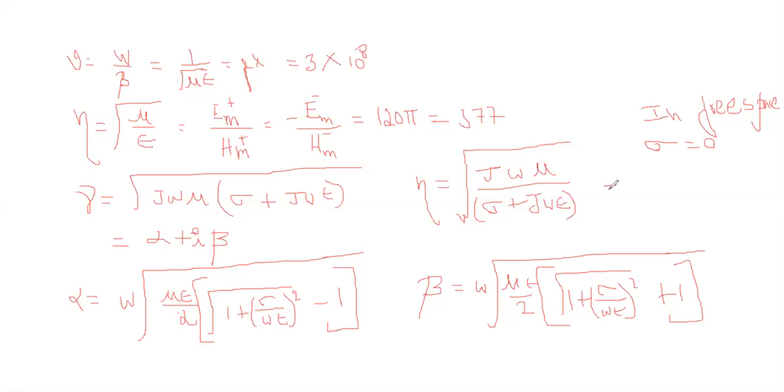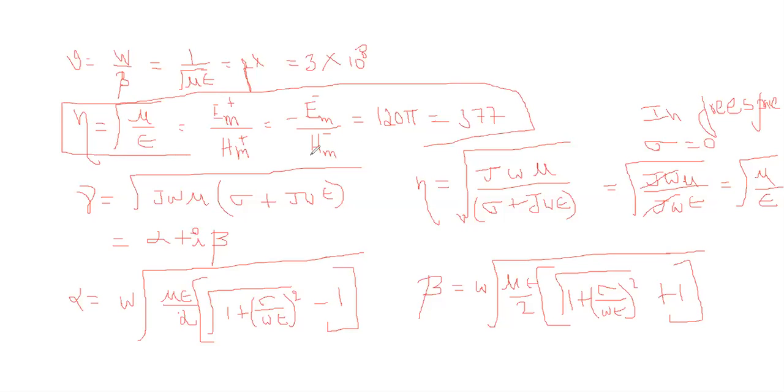Then eta is equal to the square root of j omega mu divided by j omega epsilon, since sigma is 0. Then j omega gets cancelled here, and we get mu by epsilon. That is derived for the uniform plane wave in free space.